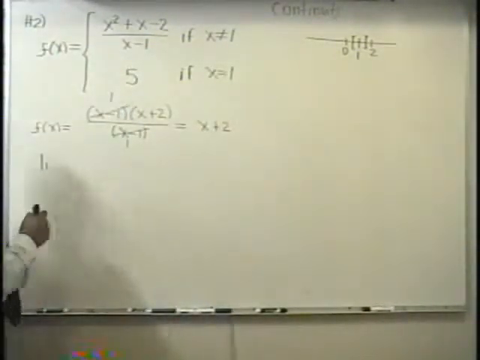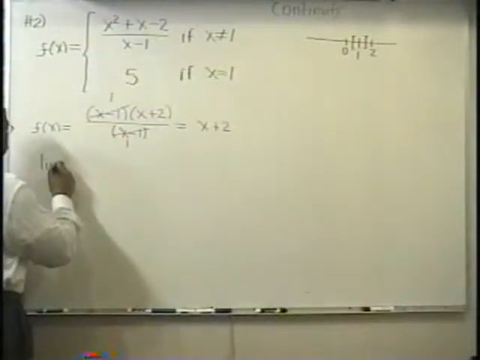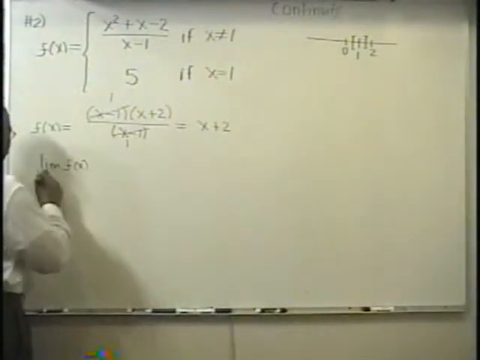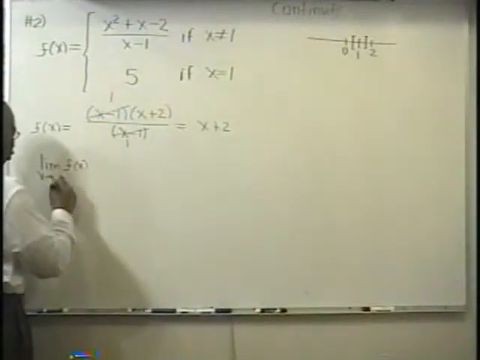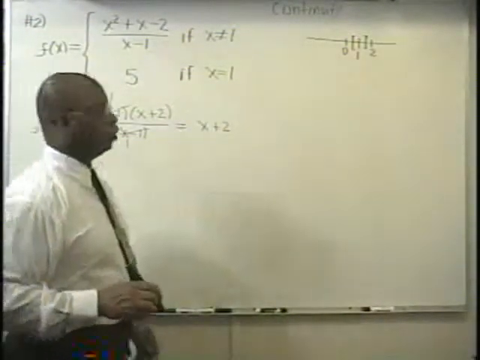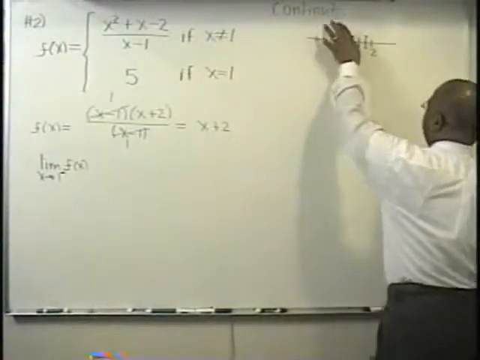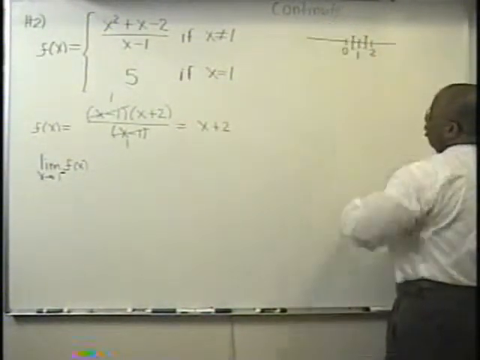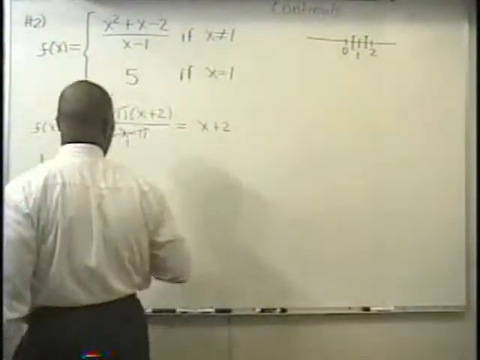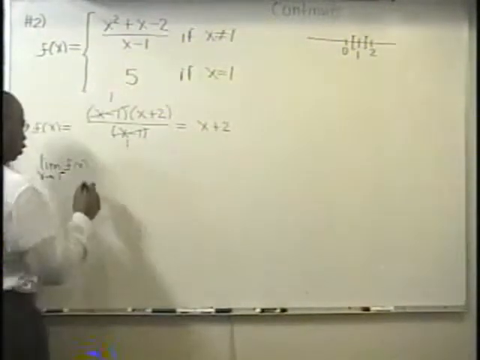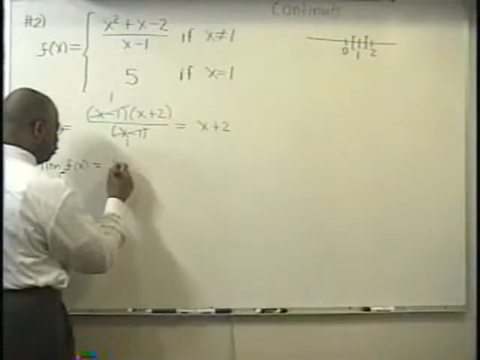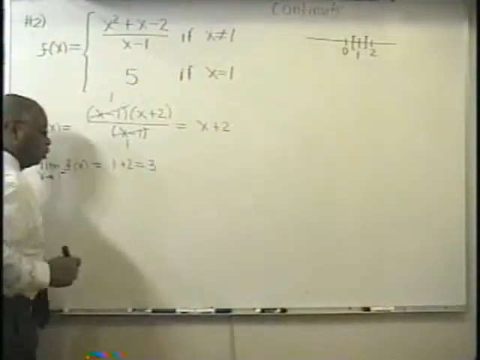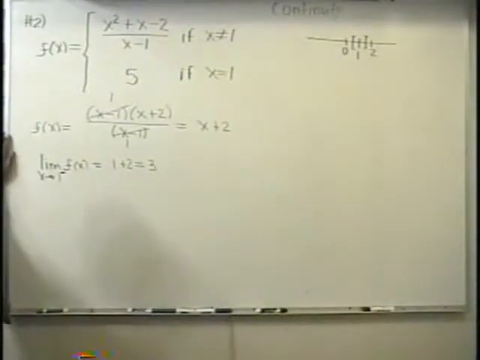So now the limit of f of x as x approaches 1 from the left. So I'm right in here in this little neighborhood, like 0.9999. As I get closer and closer to 1, I'm going to let x equal 1. So now that gives me 1 plus 2, and that's equal to 3. So far, the left-hand limit is 3.